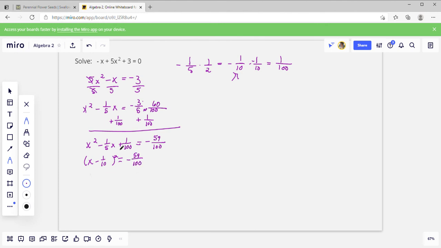Negative 59 over 100. All right, and then take the square root. Now we're going to change that to i, so if we pull the square root of negative 1 out of there, that i comes out, so now we've got x minus 1/10 equals the square root of 59 over 10 i, and then we're just going to add 1/10.